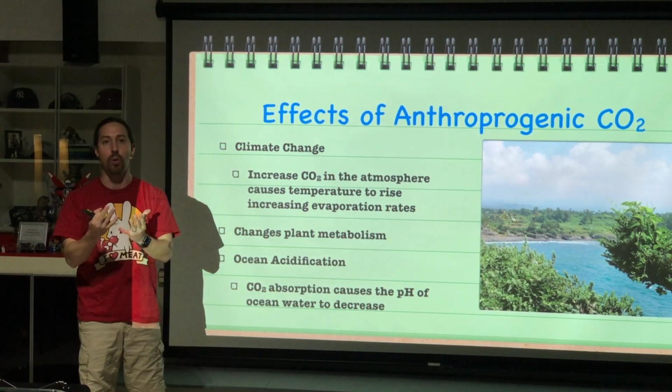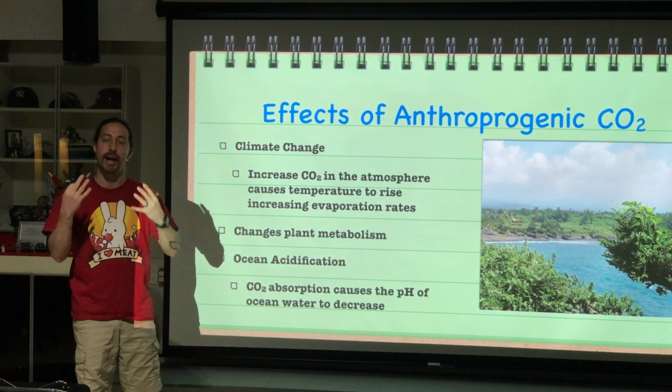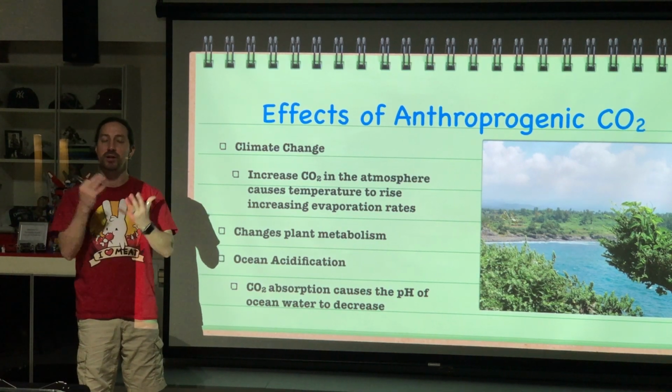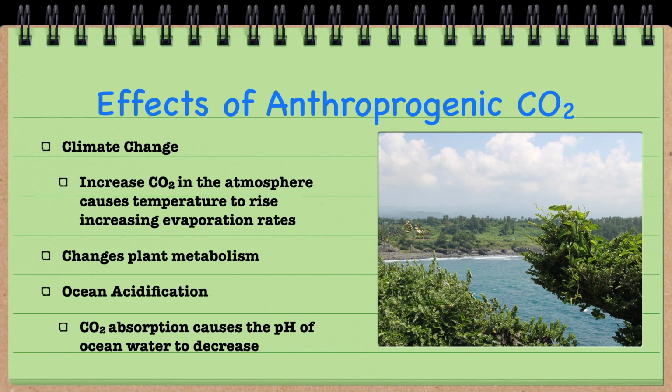But as a whole, the temperature of the planet is actually increasing, and that is melting the polar ice caps and causing the destruction of different ecosystems. But besides just causing the climate to warm, it's also having an impact upon the evaporation rates within our biosphere.